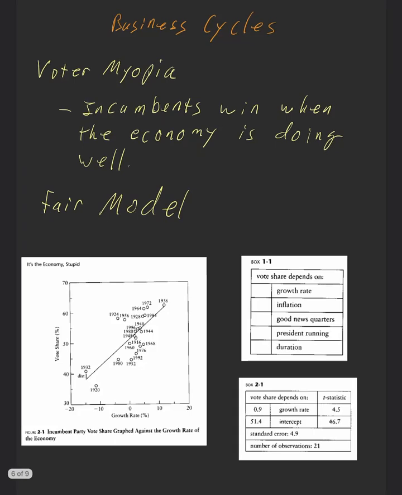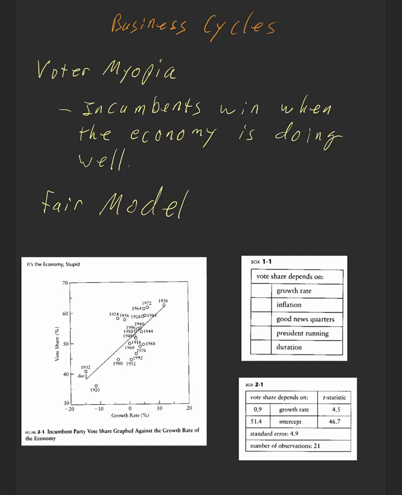Now, one of the other ways that voters show their ignorance is through myopia. And this really comes to the surface when we realize that business cycles determine elections. That is, incumbents win when the economy is doing well.